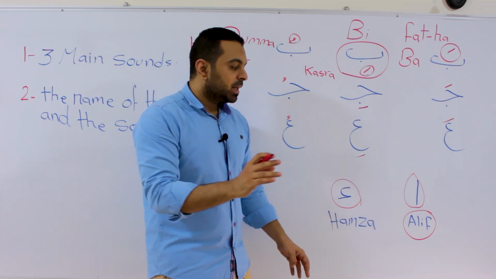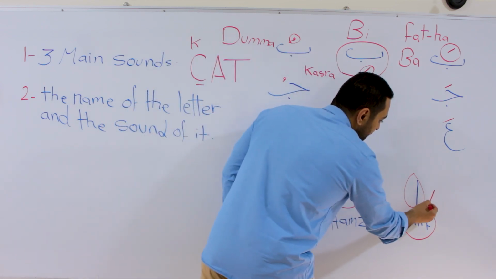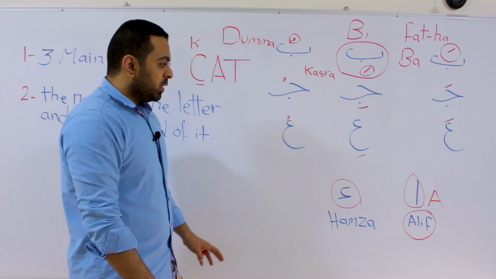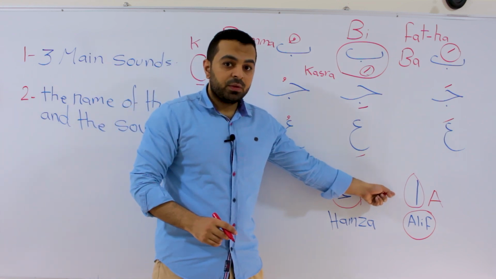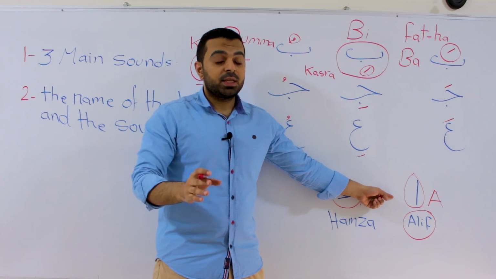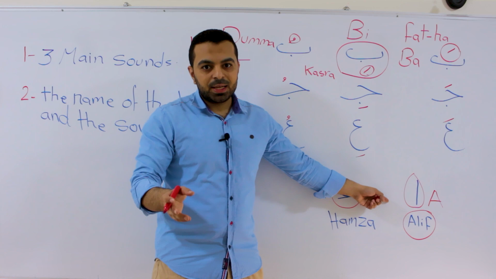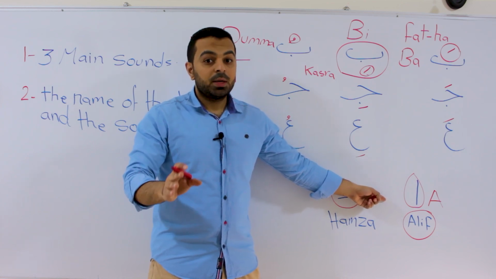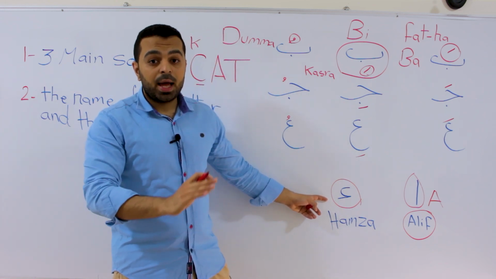It needs Hamza to be at the top of it to give it the sound of A. What if we saw an Alif without Hamza? Will it give us the sound of A? Actually, sometimes yes and sometimes no. We're going to get to this. But the sound of Hamza is always A.